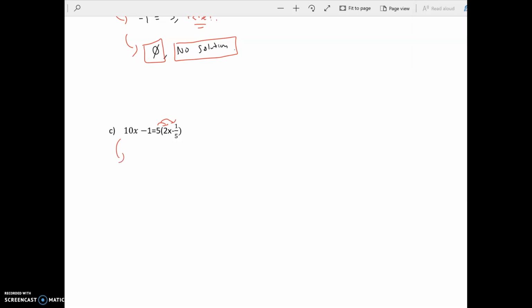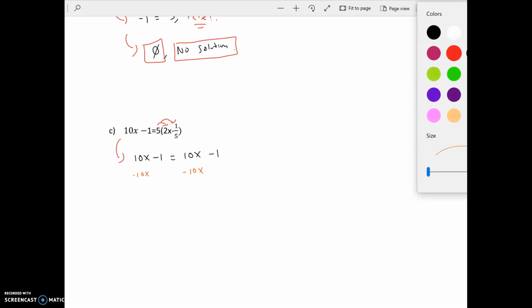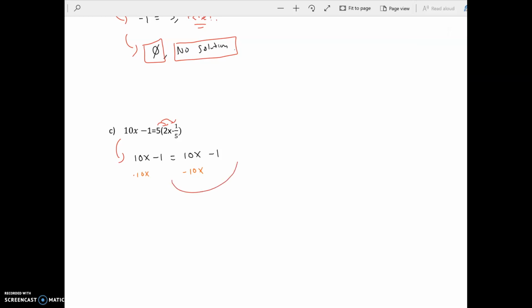And problem C, it's slightly similar to the previous one, except that we're looking for the following on this one. On the left, you have 10x minus 1. It's equivalent to, well, technically 10x minus 1. And when you attempt to remove the x's from one side, or in this case, well, put them on the left or the right, your x's disappear and you end up with -1 is equal to -1.